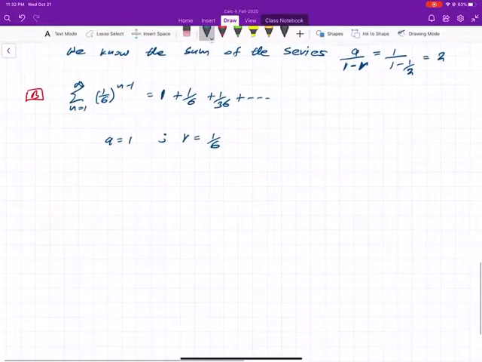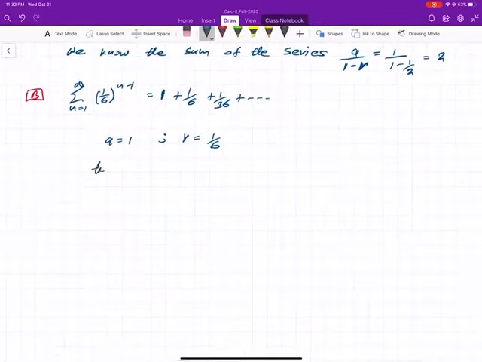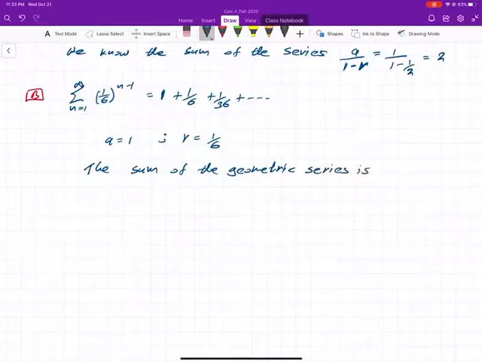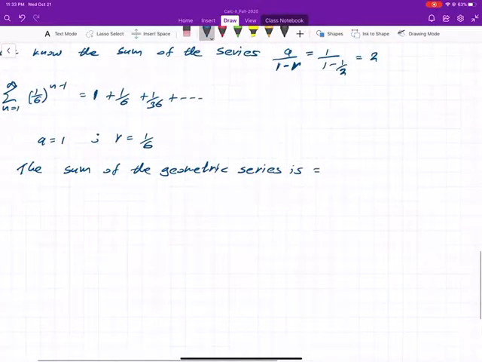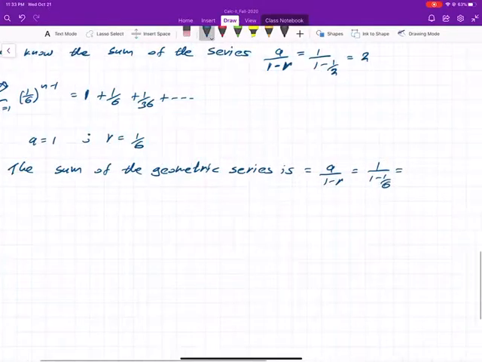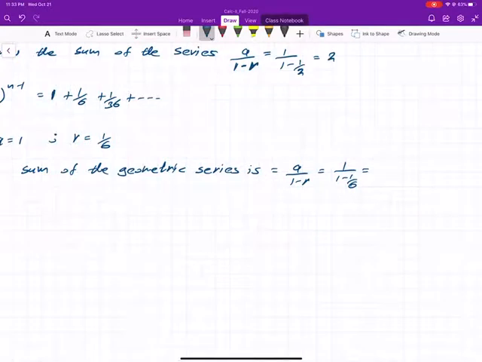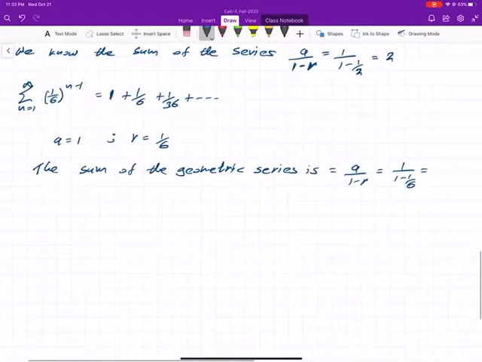Again we know the sum of this geometric series is A over 1 minus R. A is 1, so it is 1 over 1 minus 1 over 6.